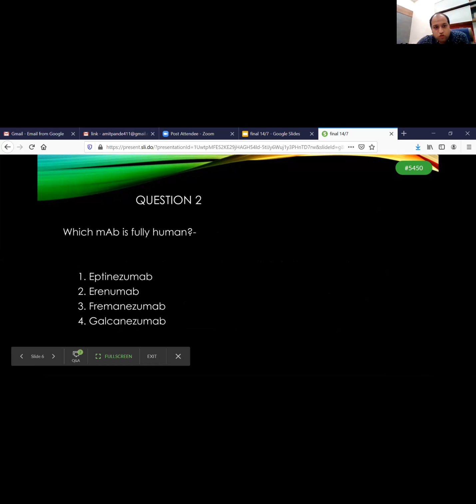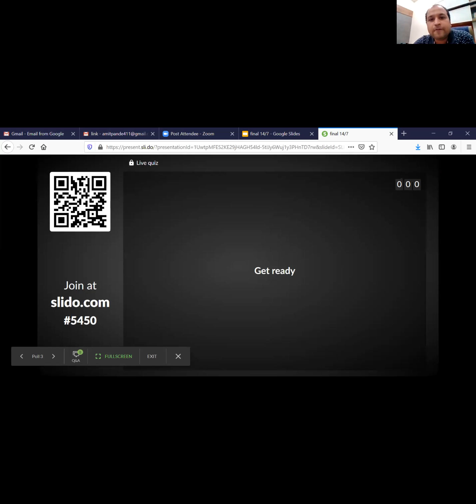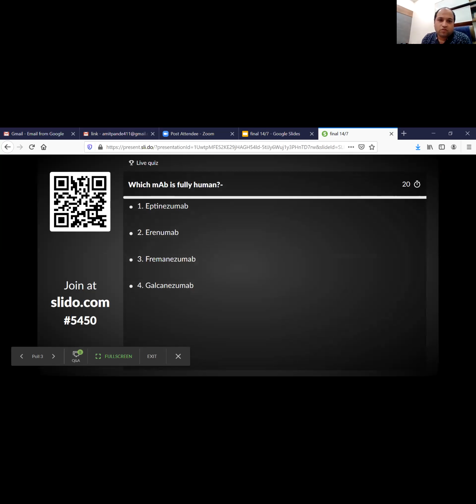So which monoclonal antibody is fully human? The first one is eptinezumab, adalimumab, fremanezumab, or galcanezumab. The slide comes up. Get ready for it. So which monoclonal antibody is fully human?